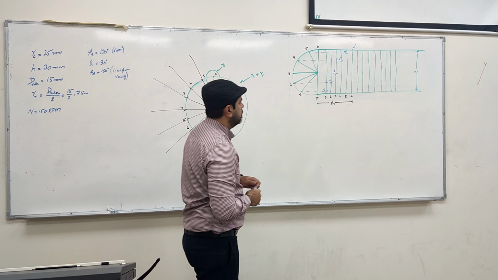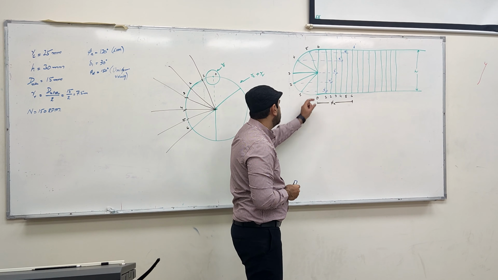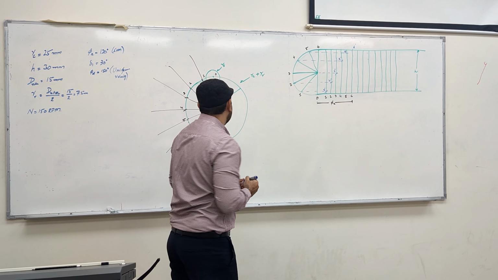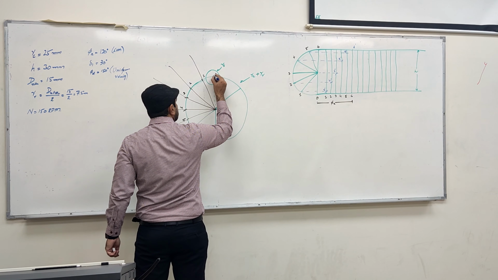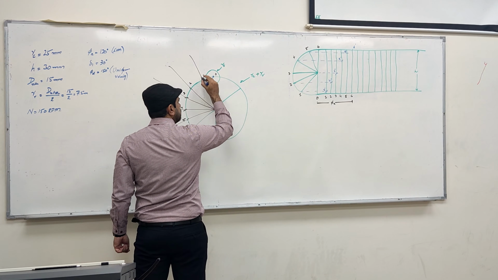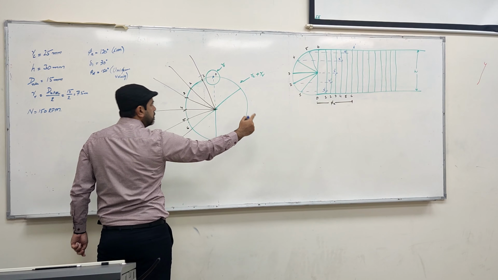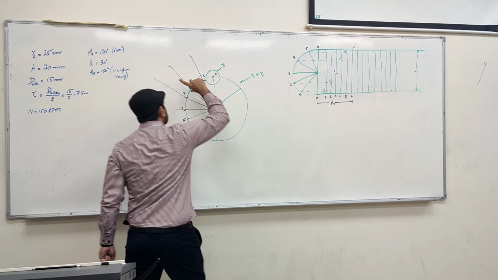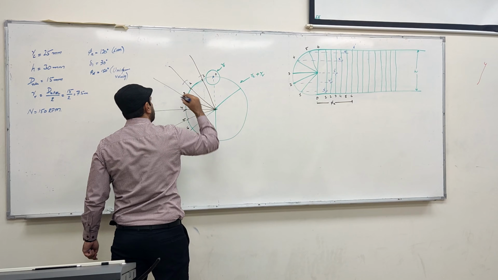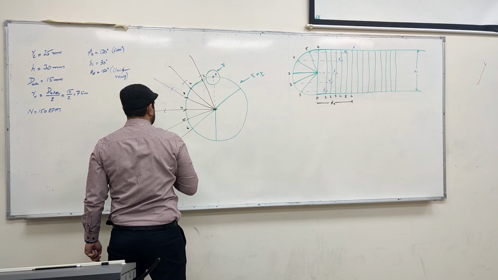So all we need to do is transfer the displacement distances, 0 to 0. So what will we get? The same point. 0 to 1, open the compass, 2, you go on 2, open it, come back here, 3, 4, 5, and 6.